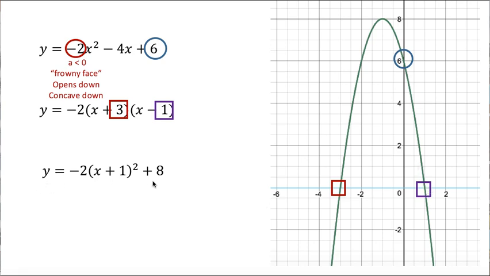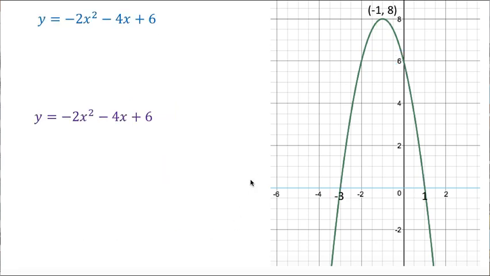And now in this format, you've got +1 here, so it gives you -1, and 8 here gives you 8, so the coordinates there are -1, 8. You can also do -b on 2a, so -4 divided by 2 times -2 is -1. Okay, so -1, 8.